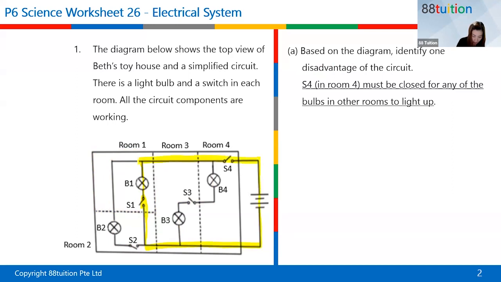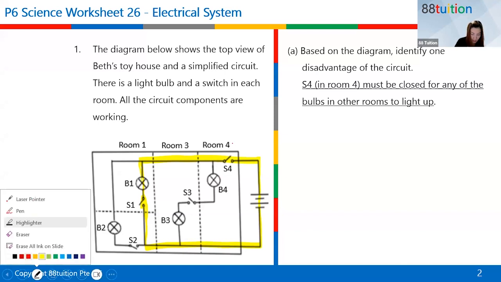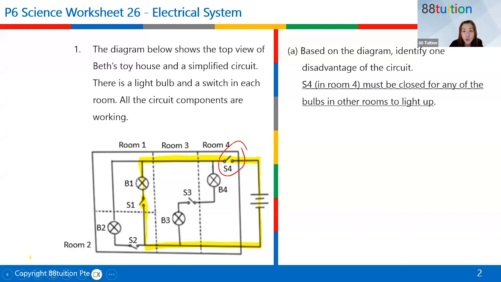What is the problem here? The problem here lies with S4. If S4 is not closed, no electricity can flow. It's the same thing here. If, let's say, I want to turn on the lights in room 3, I will go and close the switch here, right?